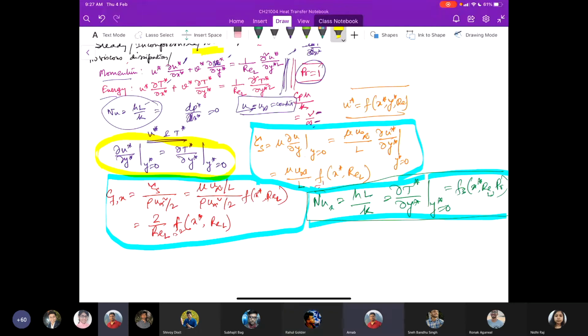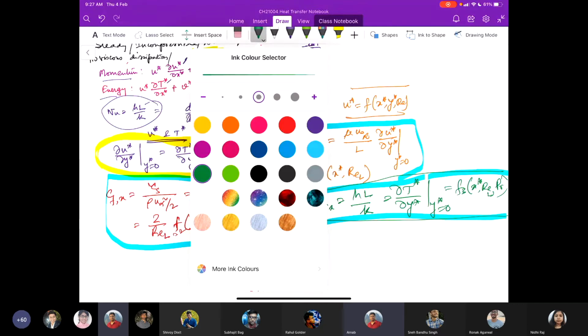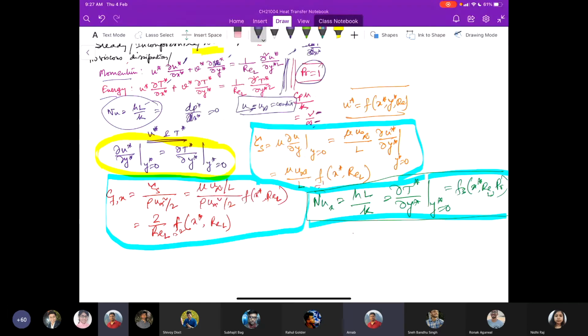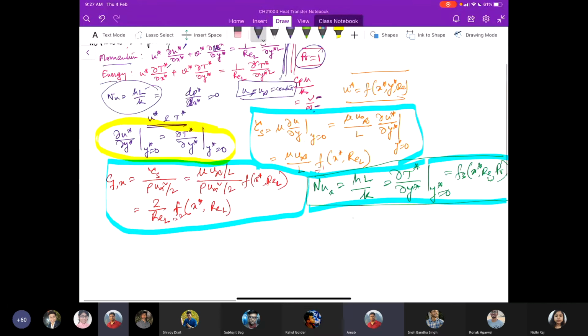Absolutely. So that means we are trying to find out that relation itself. So can you now realize that this is related with Nusselt number by this relation?